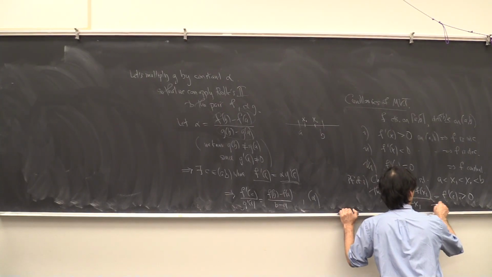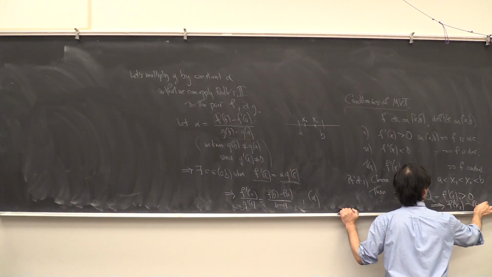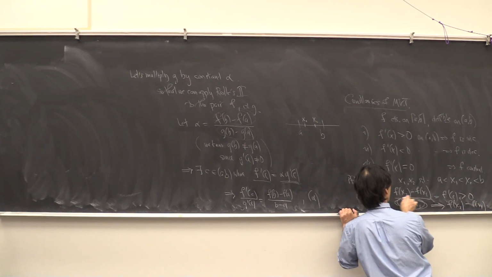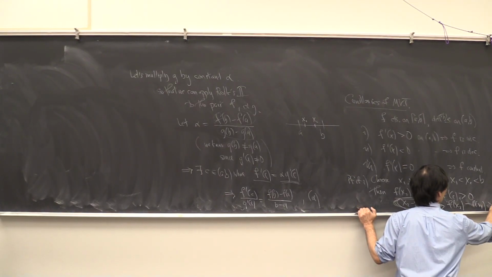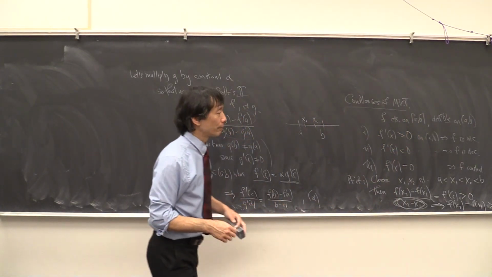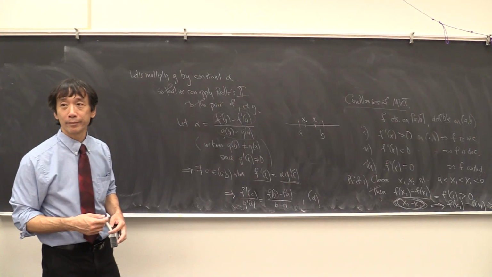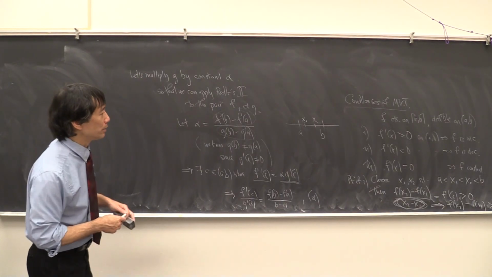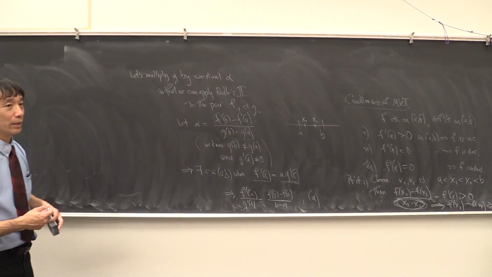But this denominator is positive, x2 minus x1 is positive, so the numerator must also be positive, and so the one on the right is bigger. The rest can be proved in the same way.